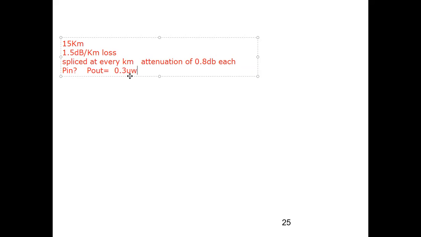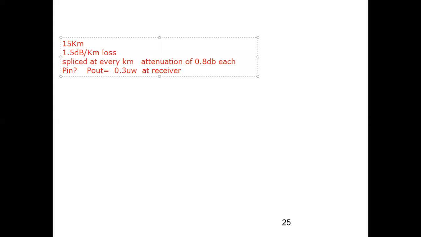This u is micro. Find out the minimum optical power required at the input of the fiber to maintain mean optical power level of 0.3 microwatt at the receiver. Since it is given at the receiver, I have taken it as P out.